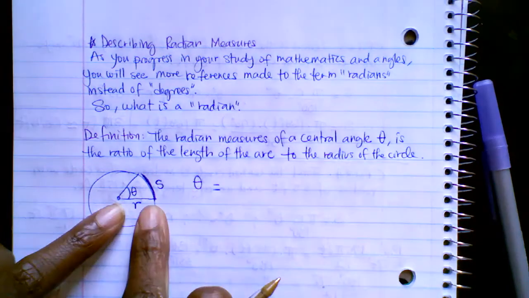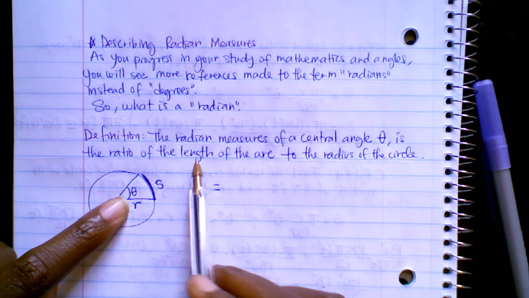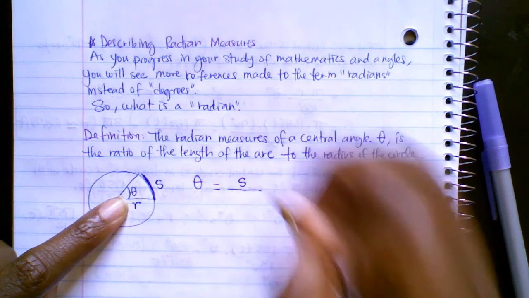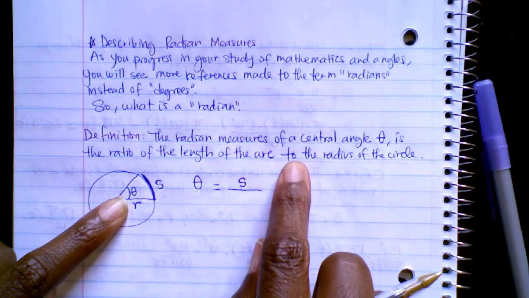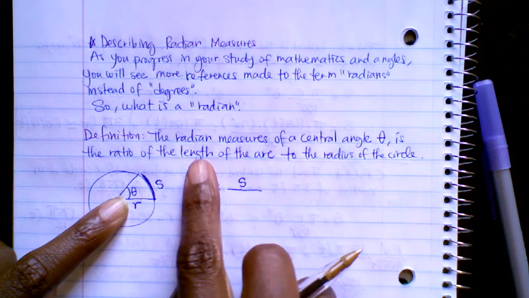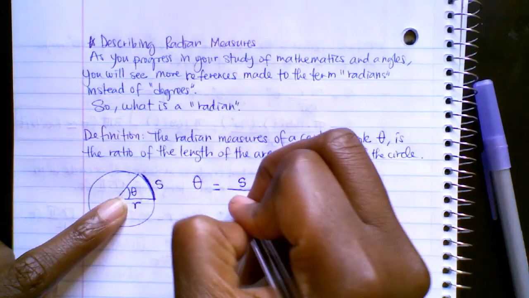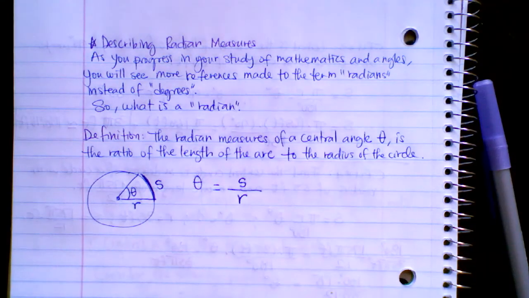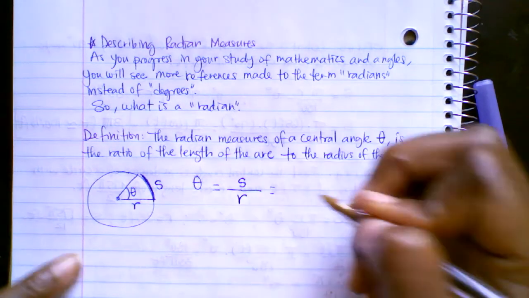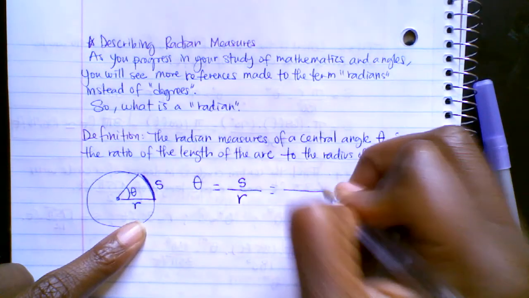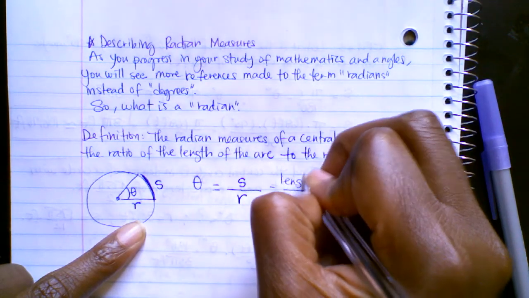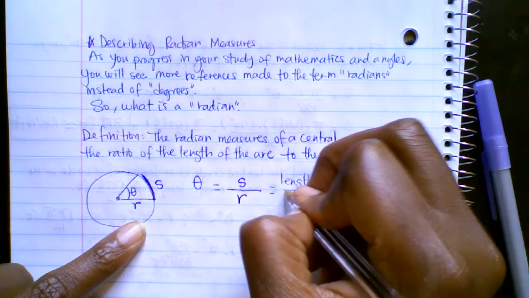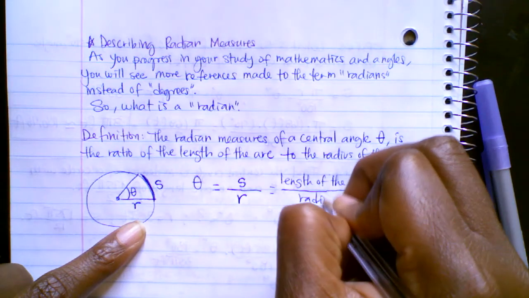It is equal to the length of the arc, which in trigonometry we use S. The letter S represents the length of the arc. It is the ratio of the length of the arc to the radius. You use the letter R for radius. So to find theta in radian, you want to use the length of the arc over the radius.